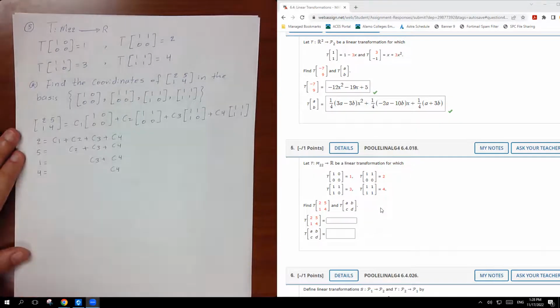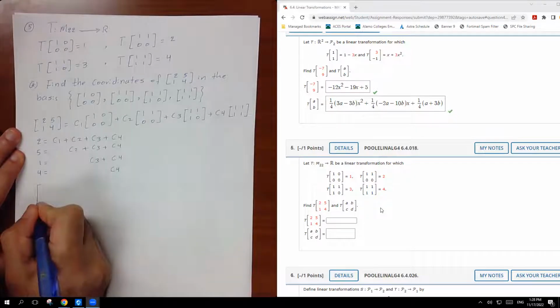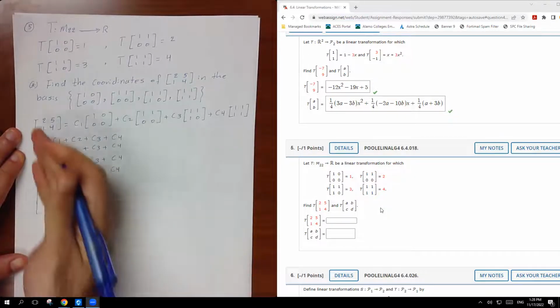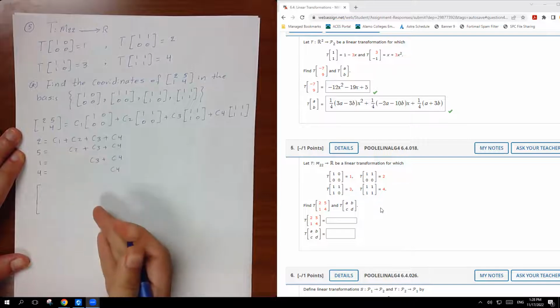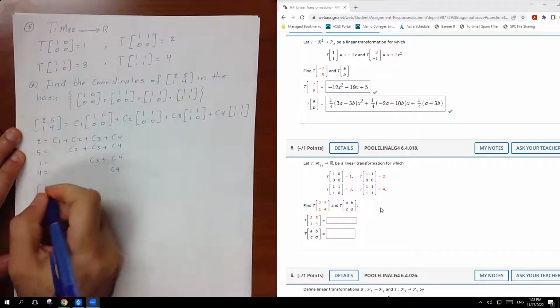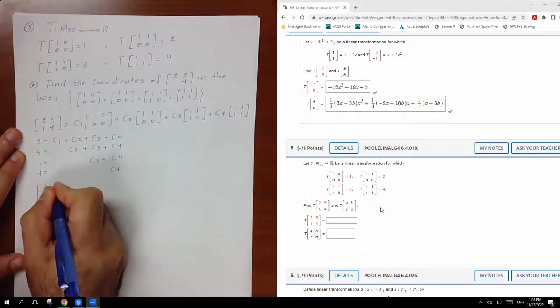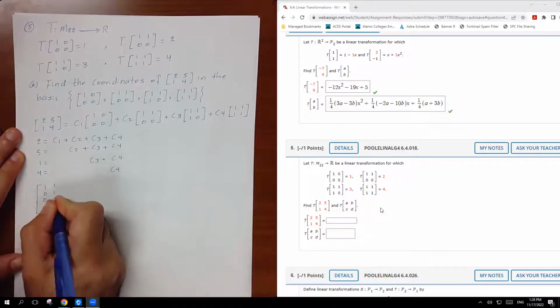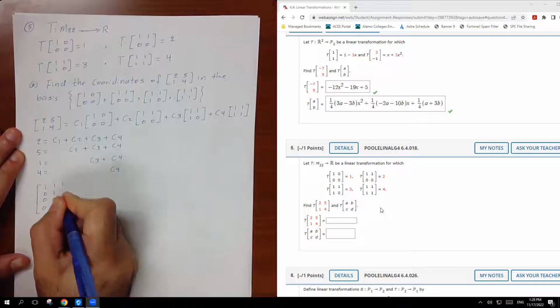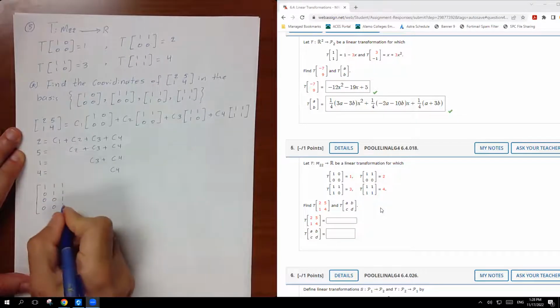So the matrix is going to be, I'm going to write down this number first, then equal, and 2, 5, 1, 4 is going to be on this side. So it's going to be 1, 0, 0, 0, and here is 1, 1, 0, 0, 1, 1, 1, 0.